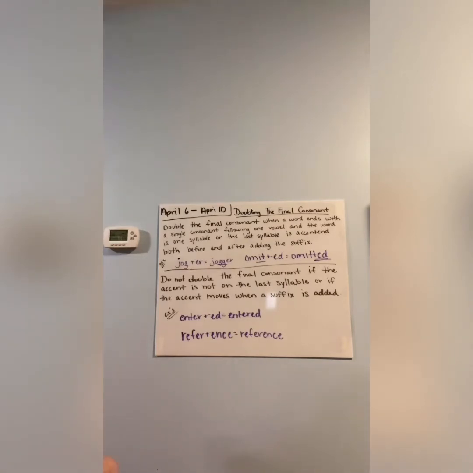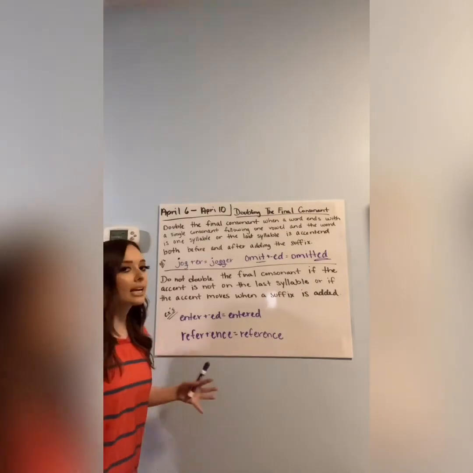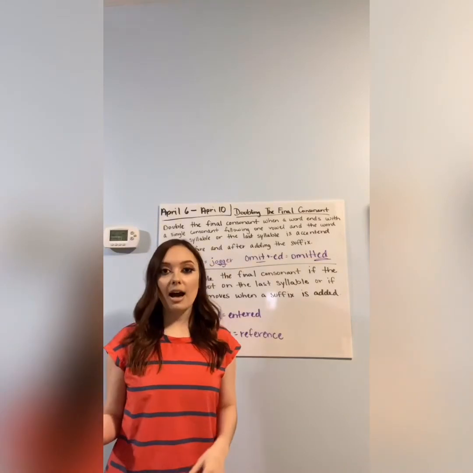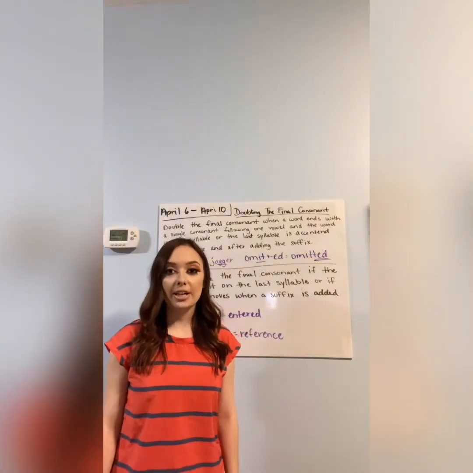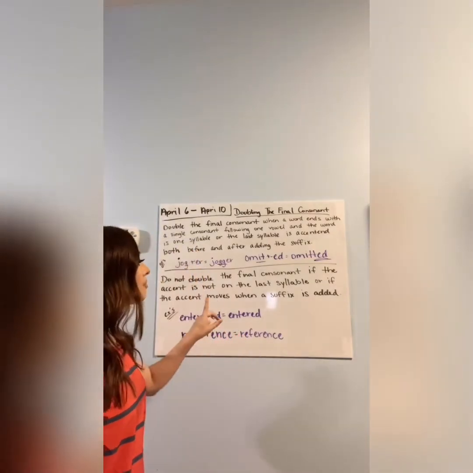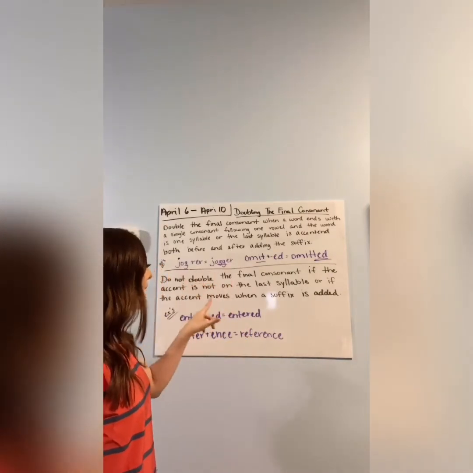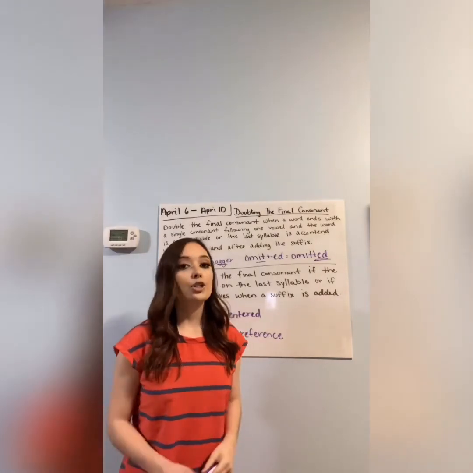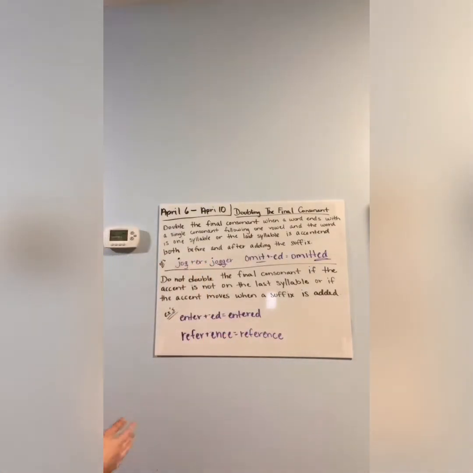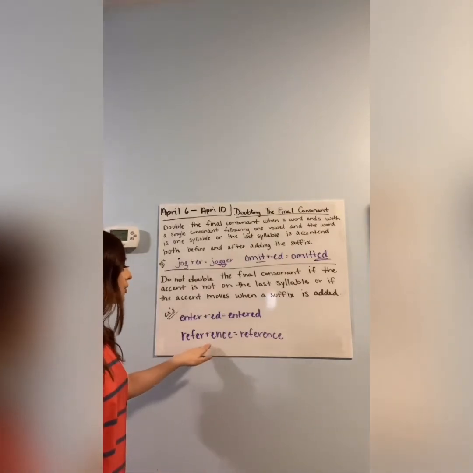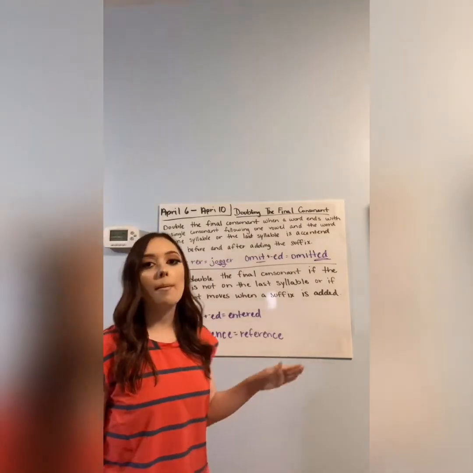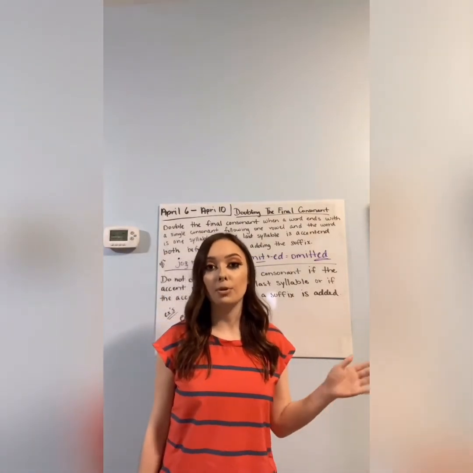However, when you add your suffix and say the word together, it becomes reference. And when you say reference out loud, you can hear that the accented syllable has moved. So when the syllable moves after the suffix is added, you also would not double the final consonant. That is why we did not double the final consonant in this word: when we added our suffix, the accented syllable moved.